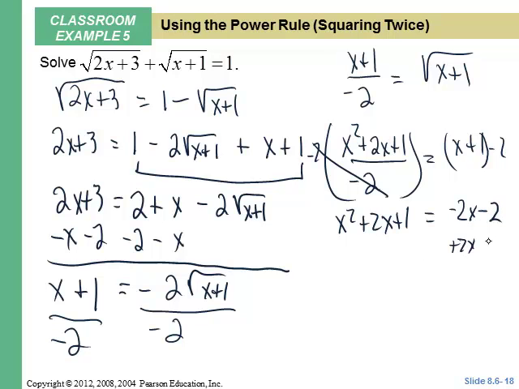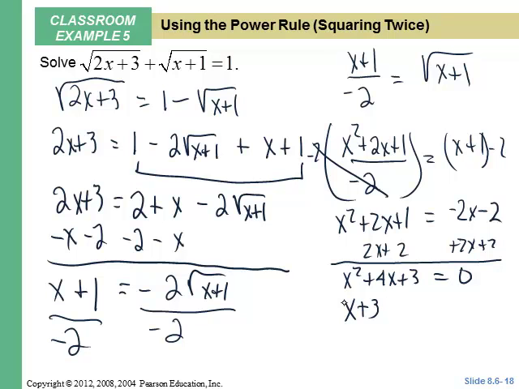Add 2x and 2 to both sides, and you get x squared plus 4x plus 3 equals 0. Factors into x plus 3, x plus 1 equals 0. So x equals negative 3 or negative 1.